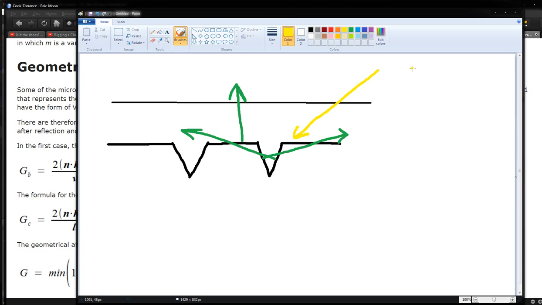I don't want to get in the habit of using lasers for this explanation. Our reflected directions are going to consist of the same angle reflected off of this light, off of this surface.